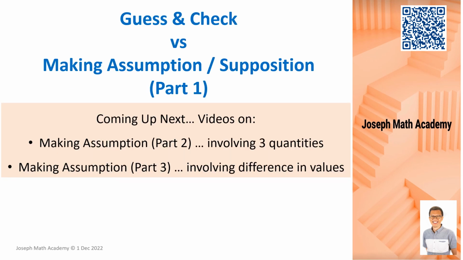In my coming videos, I will share with you making assumption involving 3 quantities. Today's video is only involving 2 quantities, cows and chickens. But I'll be sharing with you making assumption involving 3 animals in a farm. Then in my other video, I will share making assumption involving difference in values.